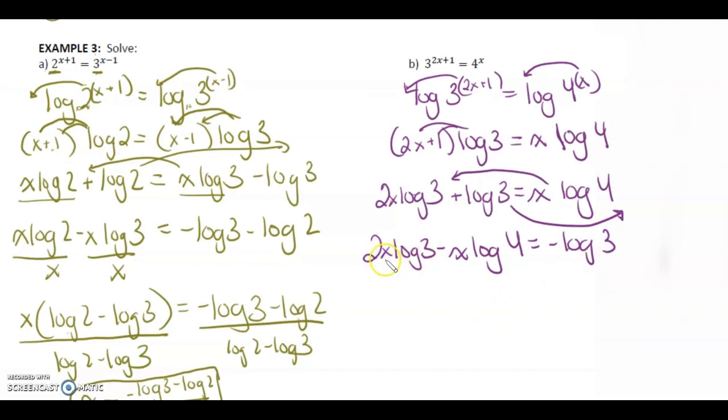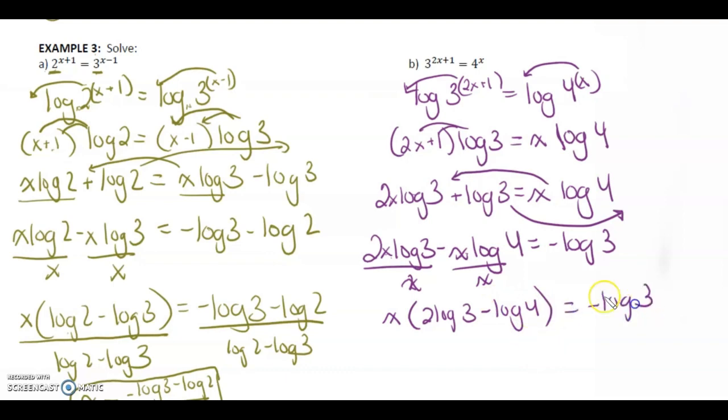We can't collect these because they both have an x, so what I'm going to do formally is factor out the x. So we have x times (2 log 3 minus log 4), and that equals negative log 3.